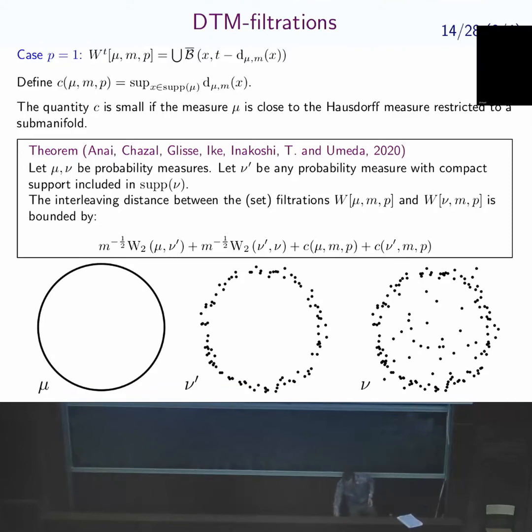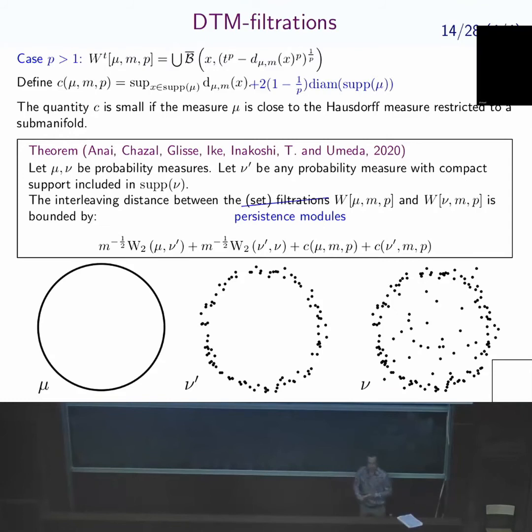When p is larger than 1, it is a bit more complicated. We have to modify the quantity C. So now the diameter of the support appears. And moreover, the bound we obtain is not between the filtrations, but within the persistence modules.